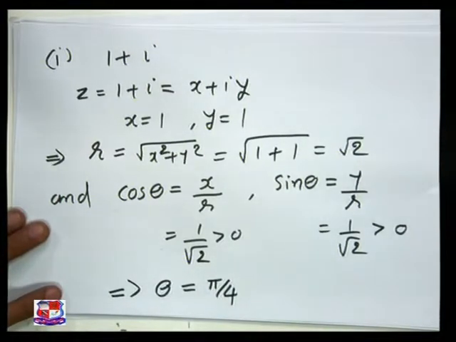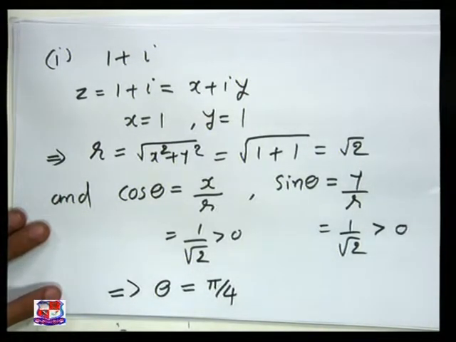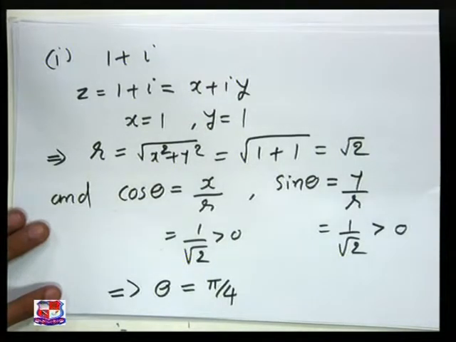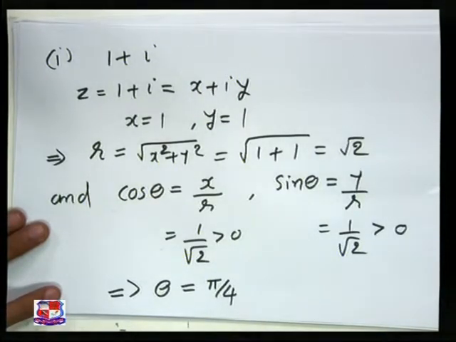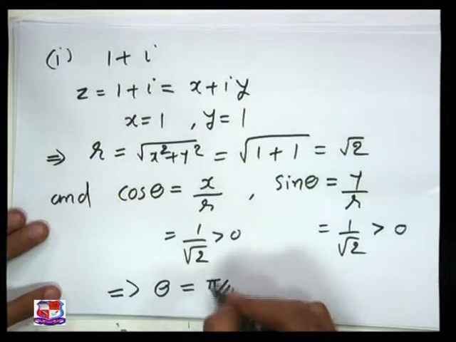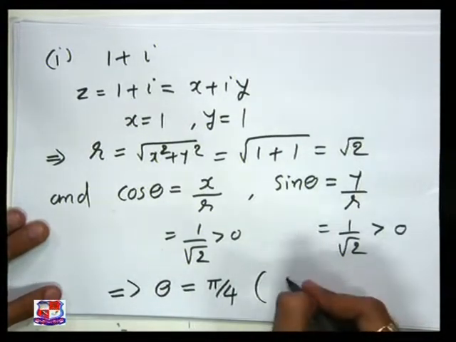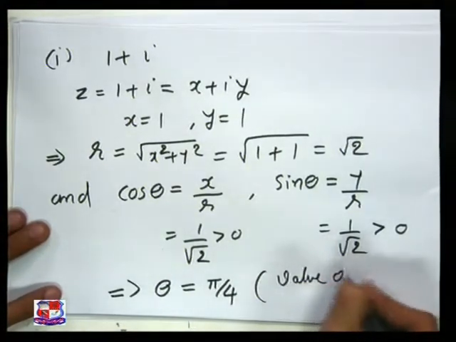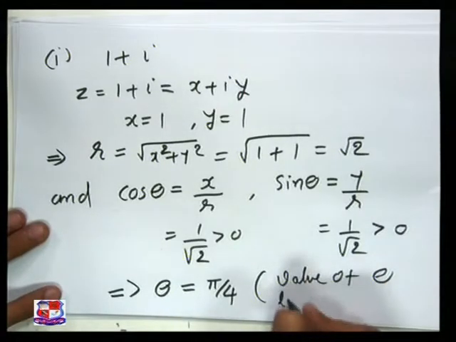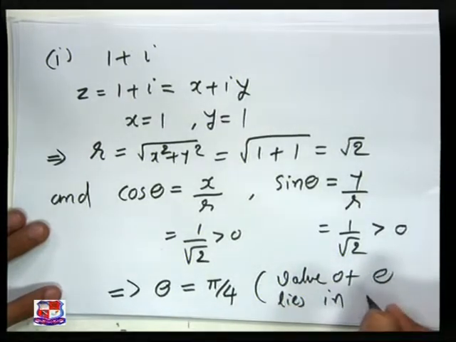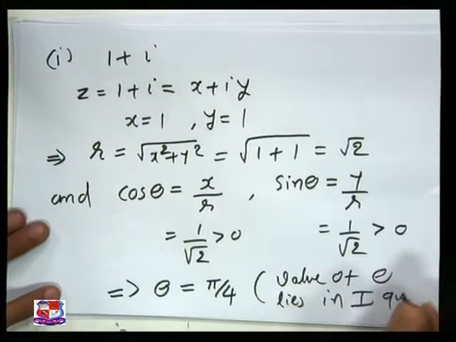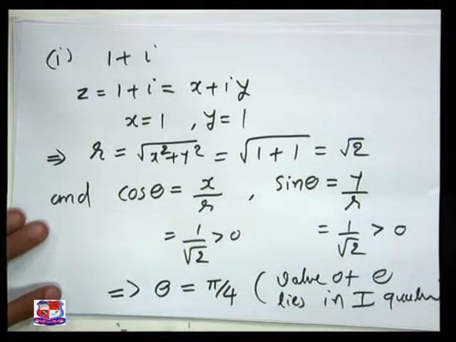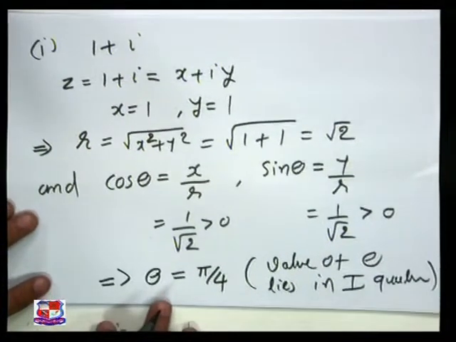We know that cos pi by 4 is equal to 1 upon root 2, and sin pi by 4 is also equal to 1 upon root 2. We have written pi by 4 here because the value of theta lies in the first quadrant. In the first quadrant all functions are positive.